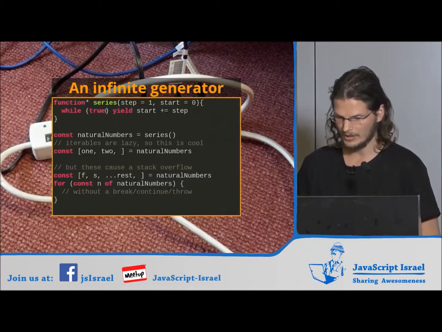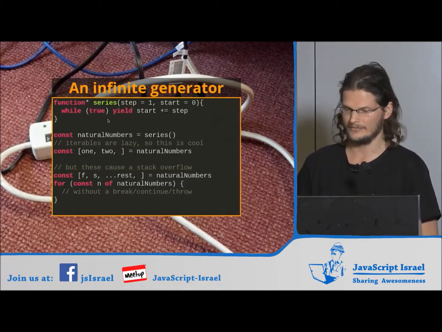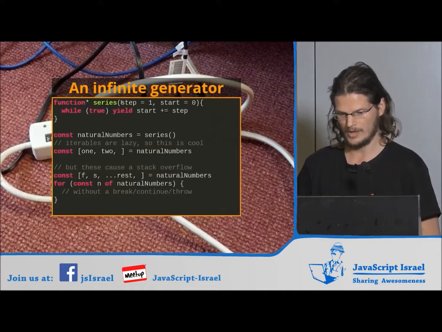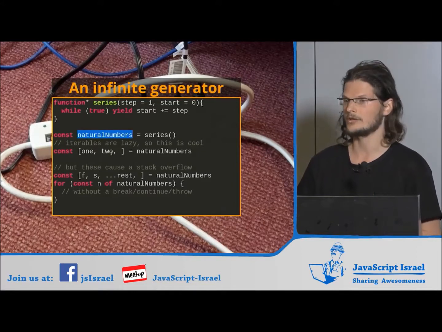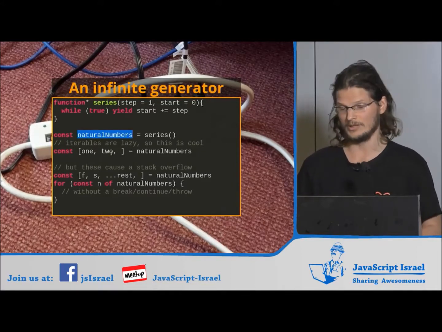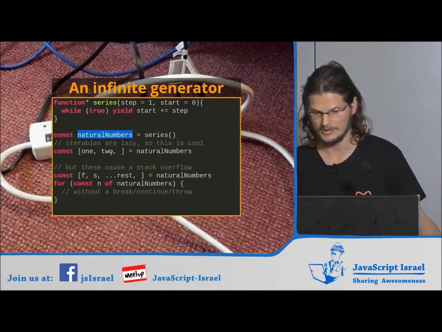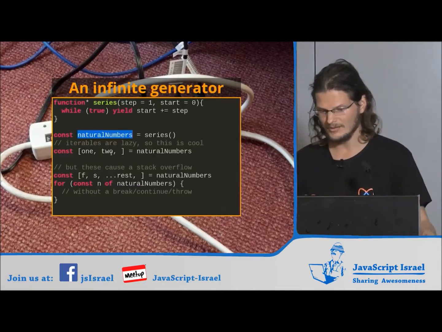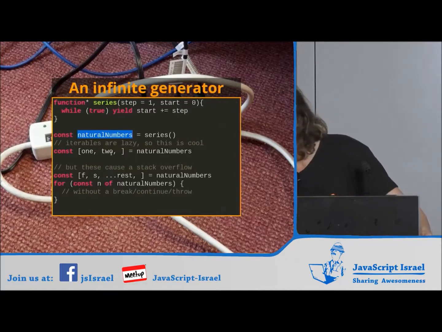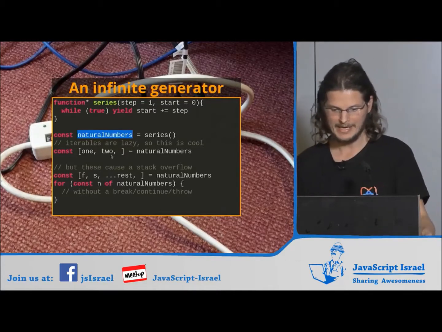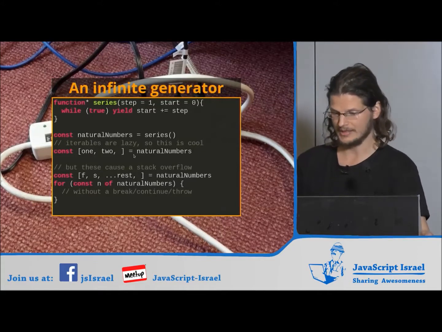So this is a function which produces a series of values, which, without overriding its arguments, will produce natural numbers, which is an infinite series of numbers, which we can iterate infinitely. And so, how can we use this nice thing?